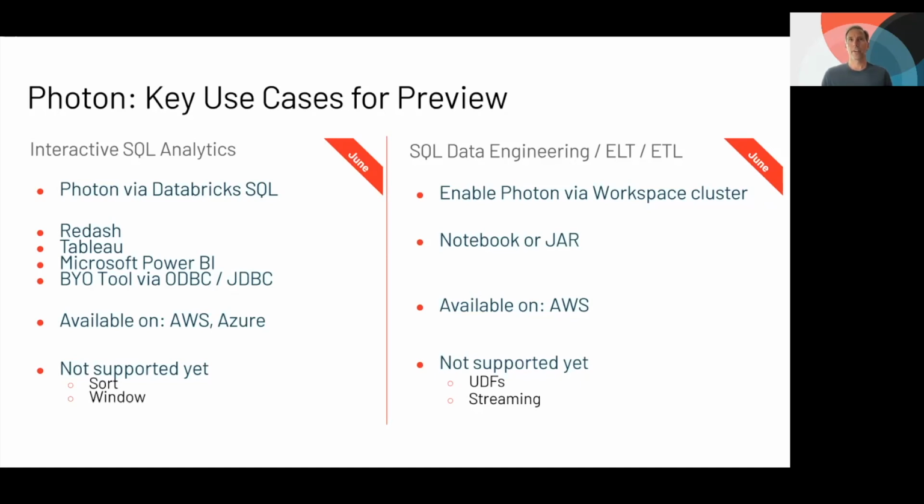Databricks SQL is available on both AWS and Azure. And as mentioned earlier, the sort and window operations are not yet supported in Photon, so just be mindful of that.